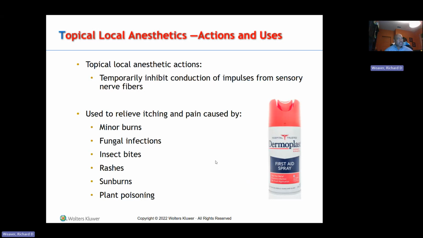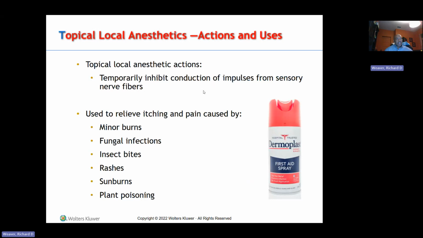What this drug does is, for example, if I touch someone's hand, a sensory impulse is going to be sent to the spinal cord and then to the brain, and the brain is going to interpret what just happened, that someone was touched, or that maybe there was something cold or hot, whatever the sensory component is.